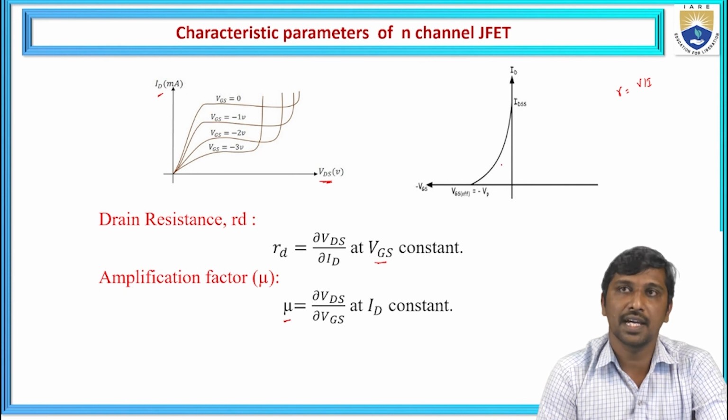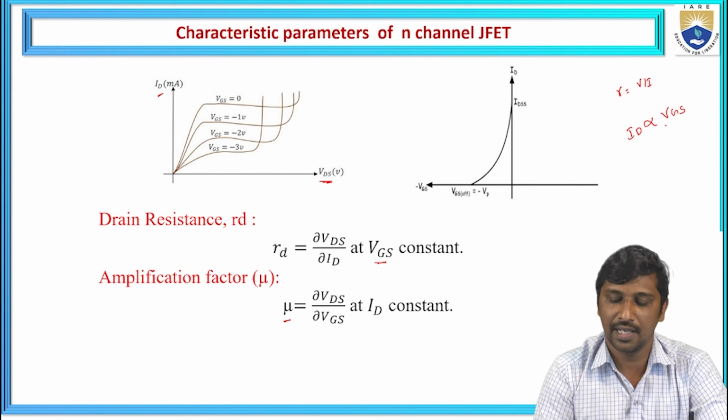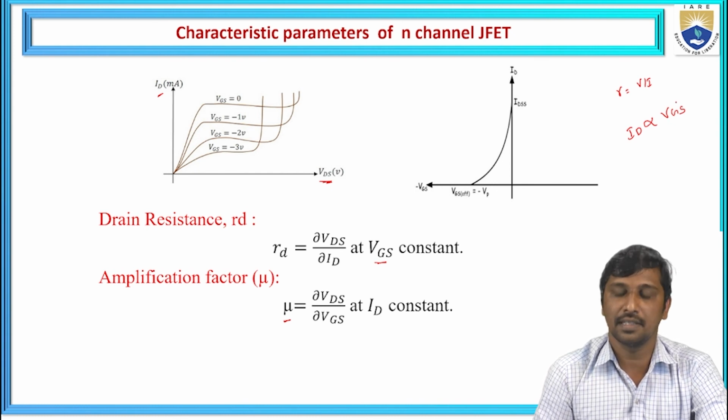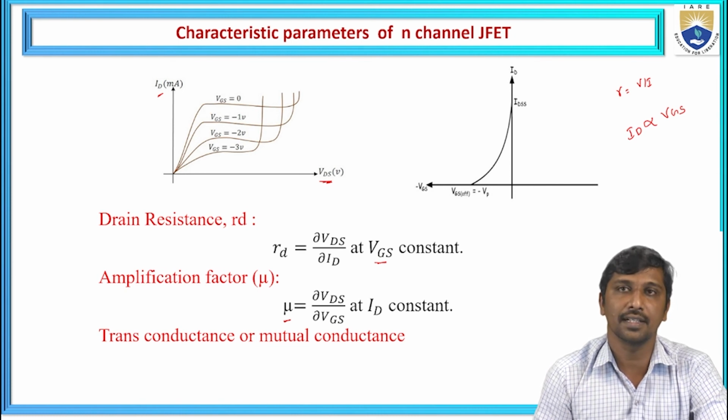From the transfer characteristics, we observe how the drain current is controlled with a variation of the applied biasing voltage between the gate and the source. Hence, we need to find out how the drain current is affected with a variation of the biasing voltage between the gate and the source. That is represented as the transconductance, or it is also called mutual conductance, represented here as gm.